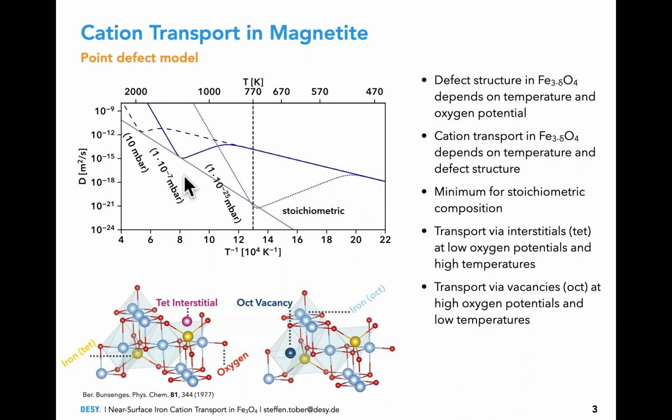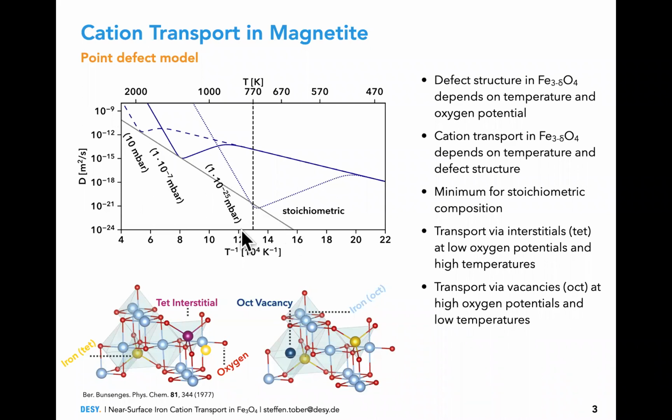And this model is shown here with a plot of diffusion coefficient against inverted temperature for different well-defined oxygen potentials. Diffusion in crystals in general is mediated via defects. And if these crystals are perfectly stoichiometric, these defects result from thermodynamic disorder.